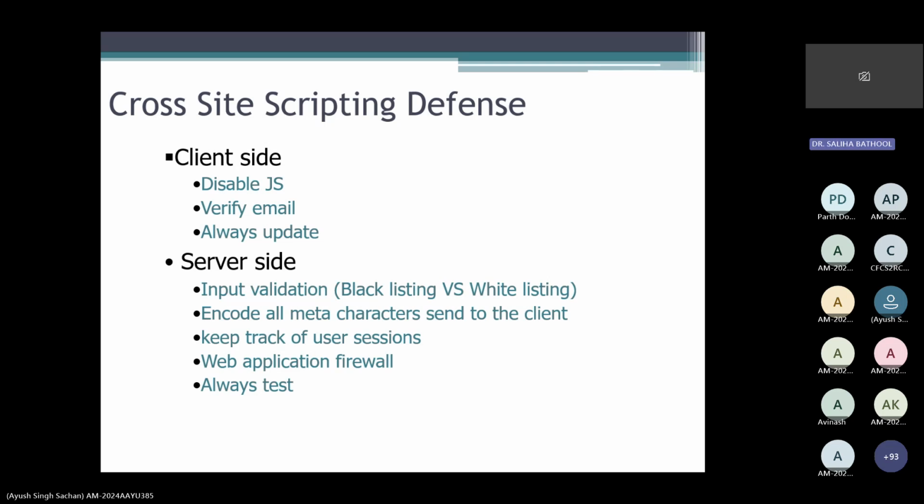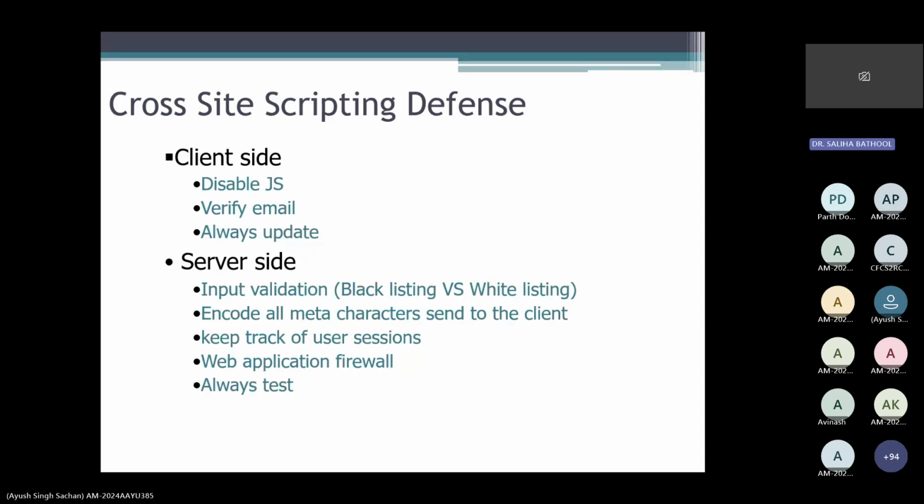On the client side, disable JS, verify email, always update. Disabling JS, in a sense, we apply some form of disabling, and we enable it only when needed. Otherwise it is not mandatory to enable it, so it is good if it is disabled.